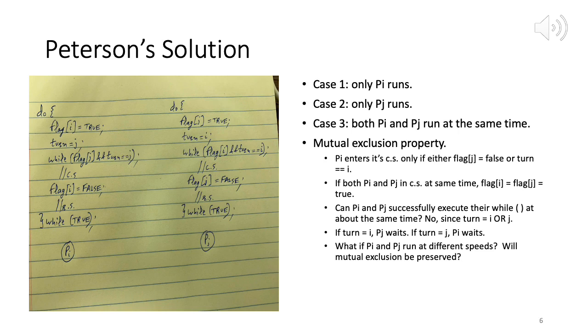So once I gets out, it sets flag I equal to false. When J gets out, it sets flag J equal to false. Then the remainder section, and then again go back to the top of the code. So this is how things happen.